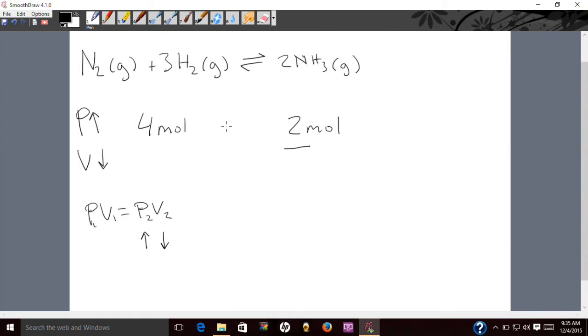Volume goes down, my equilibrium shifts towards the smaller number. If volume were to rise, my pressure drops, and my equilibrium shifts towards the side with a larger amount of moles.